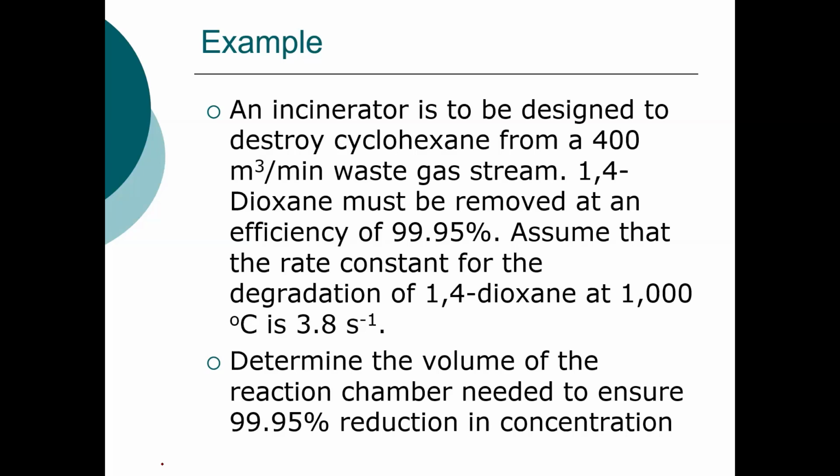We've determined the rate constant, and I changed this, it should be cyclohexane. I read this over and missed it. So we've got a rate constant for cyclohexane at 1,000 degrees C of 3.8 inverse seconds, and you're asked to determine the volume of the reaction chamber.